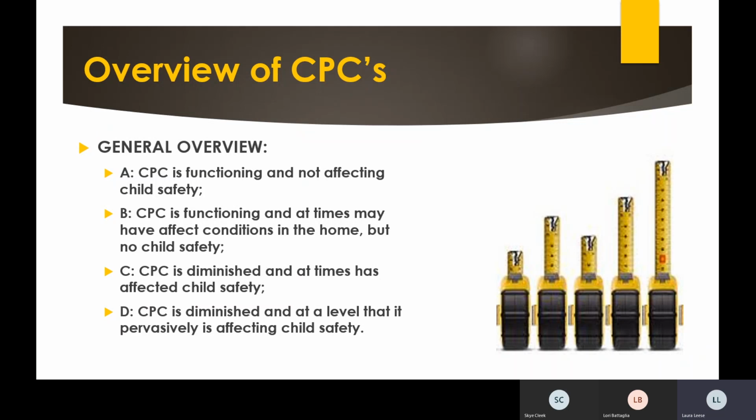Now, there's also C's and D's. As you're scanning through the various behavioral, emotional, or cognitive specific CPCs, if there is something that's a C, overall it says it is diminished and at times it has affected the child's safety. D is where the CPC is diminished to a level that it is pervasively affecting child safety. So again, A's and B's, good. C's and D's, we need to look at.